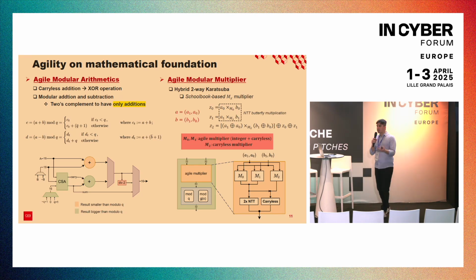And at the end, in order to compute the final result, we have to compute three temporary values, called Z0, Z1, and Z2, which can be computed using multipliers. These multipliers, in our case, are carryless multipliers based on a schoolbook architecture.